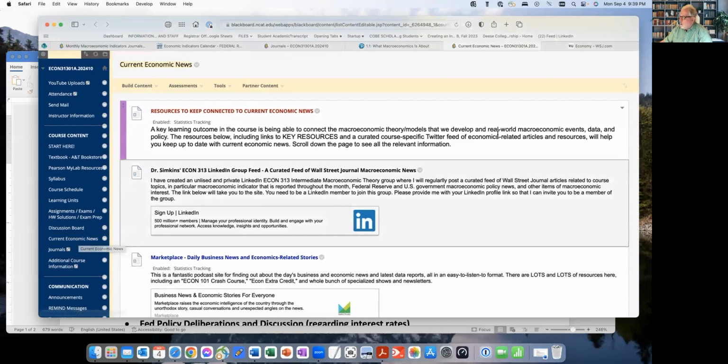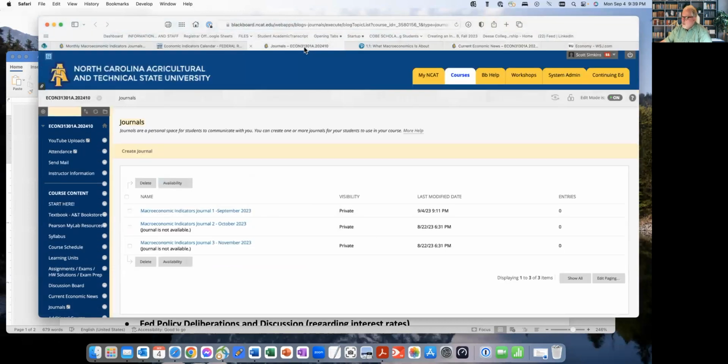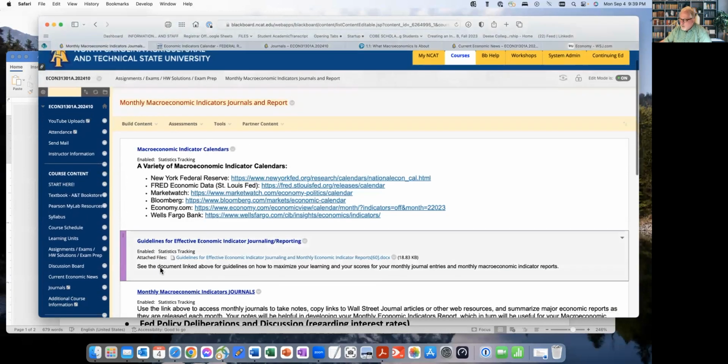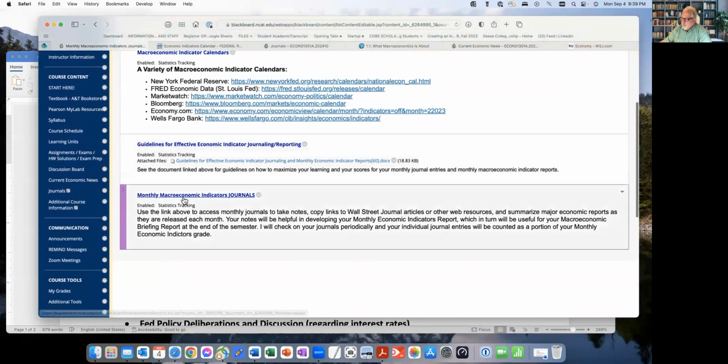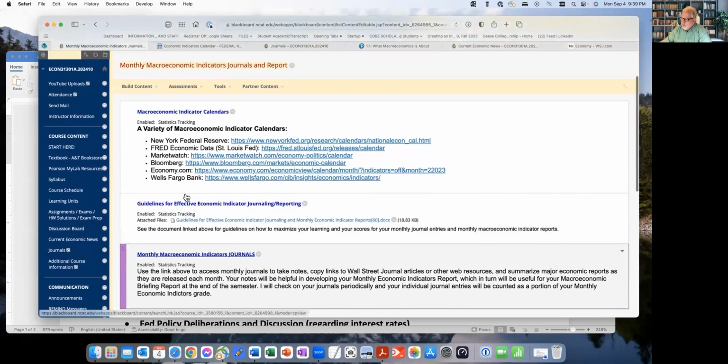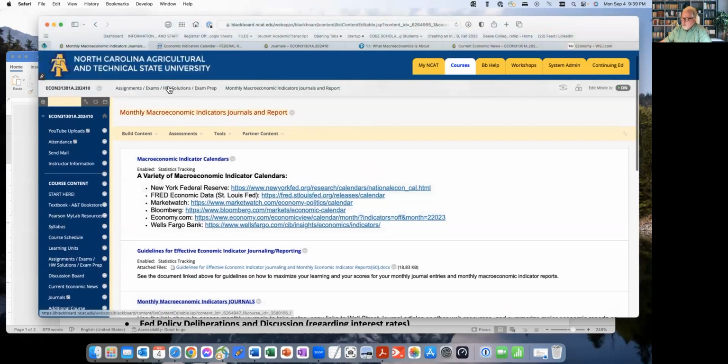Now, if we actually go to the journals, what does that look like? If we click on that journals link back in the Blackboard website, under assignments, etc., there are the monthly macroeconomic indicators journals, and you'll read the guidelines for journaling as well.